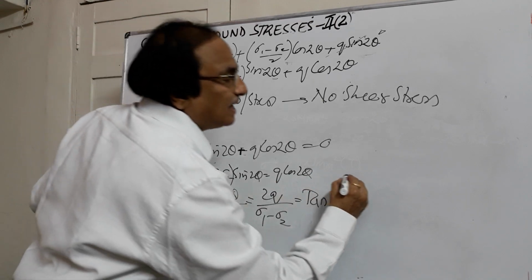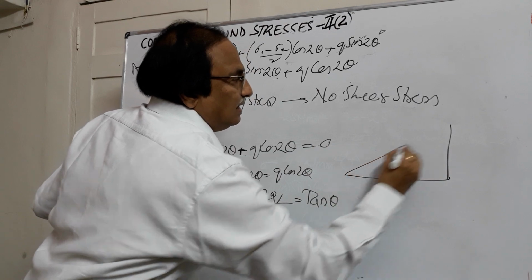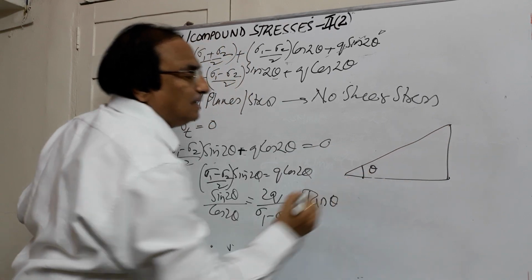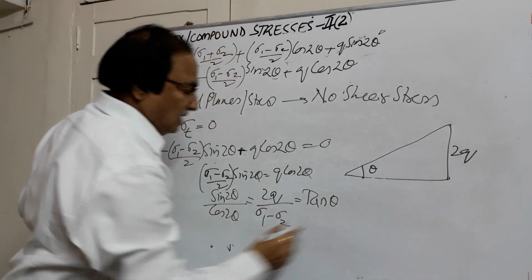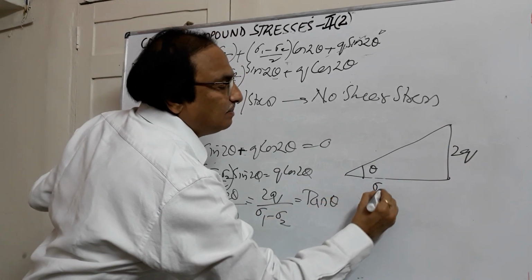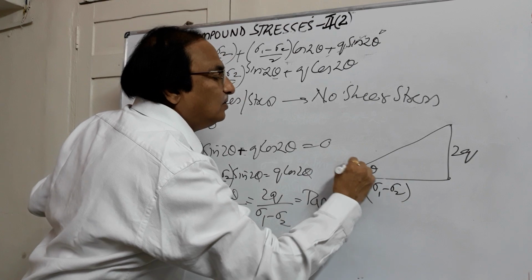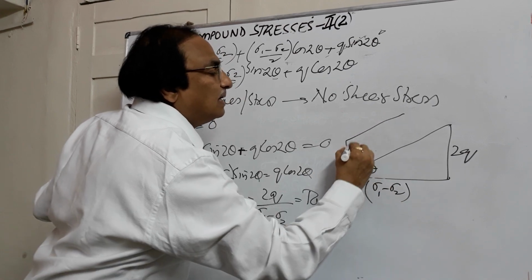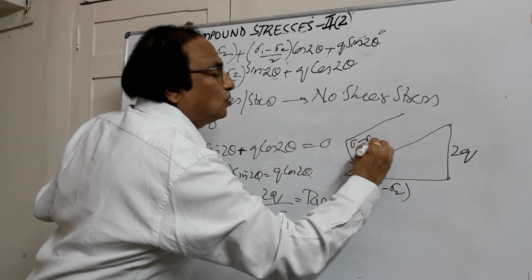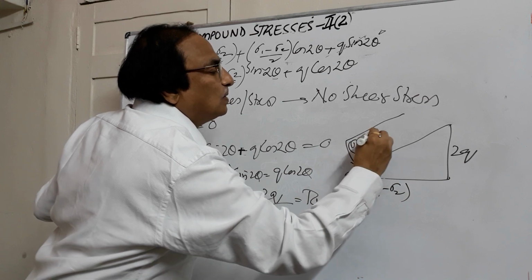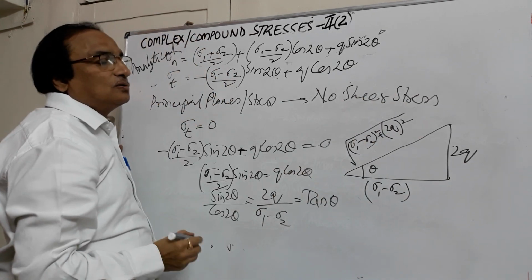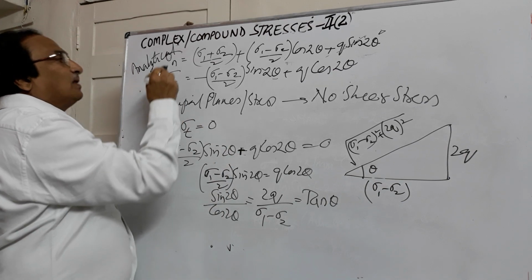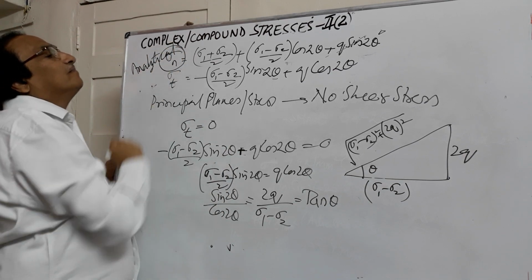Now we know in a right angle triangle, if this angle is theta, then tan is opposite by adjacent. Opposite if I take it as 2q, and adjacent if I take it as sigma 1 minus sigma 2, and we know the hypotenuse is given by the square root of sigma 1 minus sigma 2 whole square plus 2q whole square. Now in this equation, this is the normal stress.